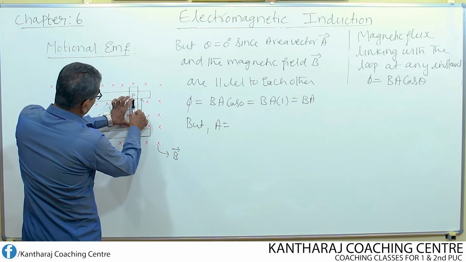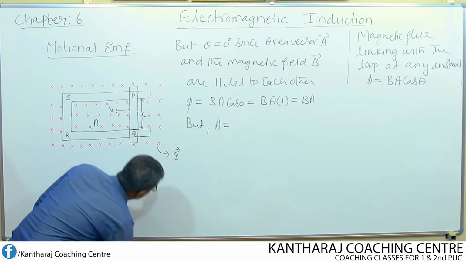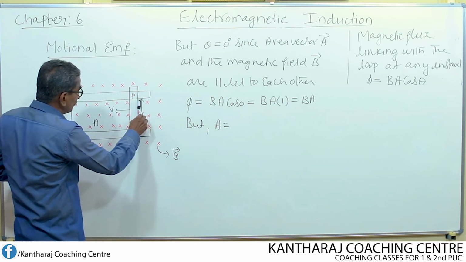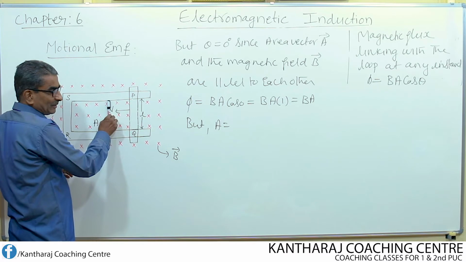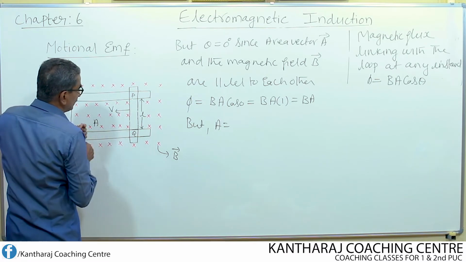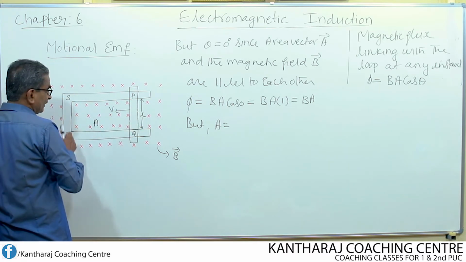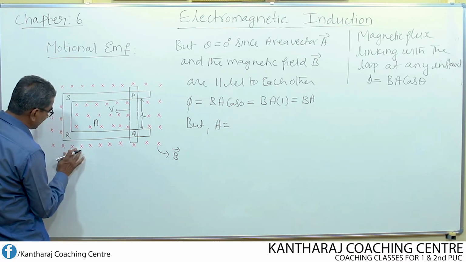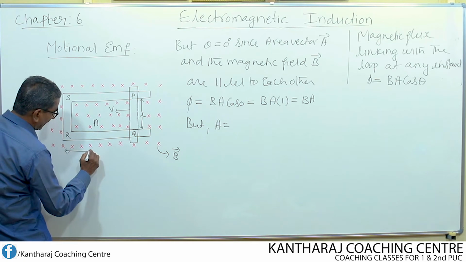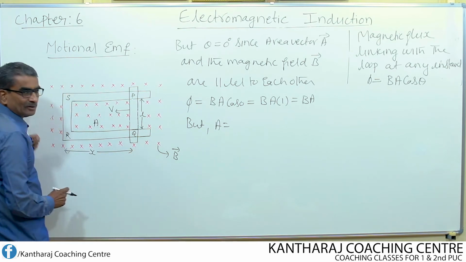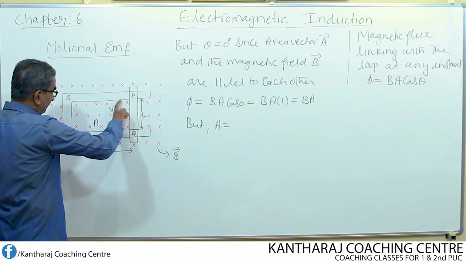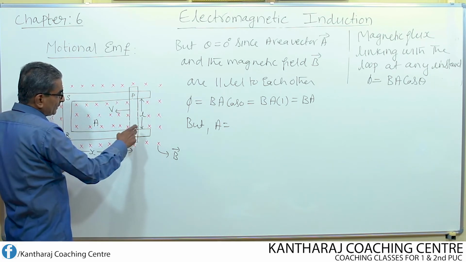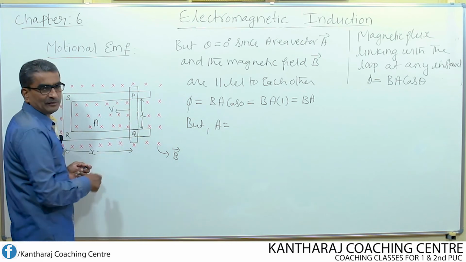The length of the rod is nothing but L. So when it is moved from one position to another, say, I move the rod from here to here, the distance covered is nothing but x. So the breadth of this loop is taken as x. Length of this loop is taken as L, which is equal to the length of the rod.